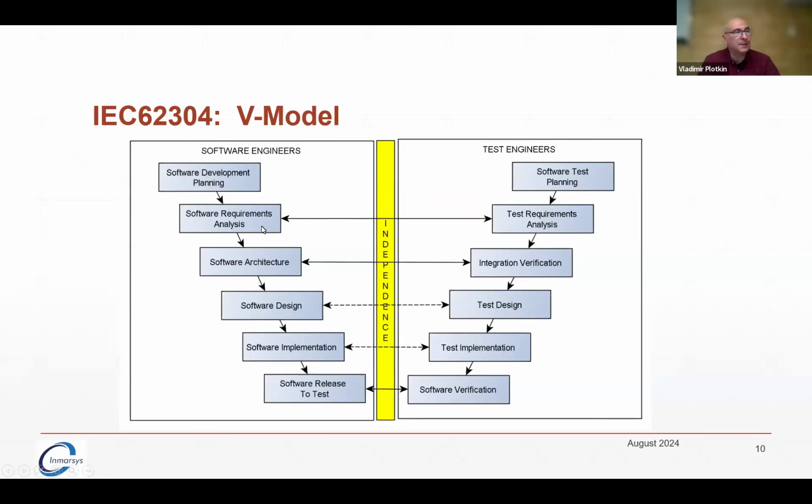It's very important because software testers need to be able to run the verification activities, and 62304 says you must verify all your requirements. So they need to be able to test them. And if a requirement is vague or ambiguous, they won't be able to create a test case for it. Then they will be looking at the software architecture, and they do integration verification planning and verification testing.